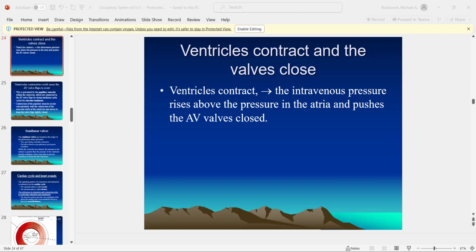The funny current, the spontaneous depolarization, gets the cells to threshold. At threshold, voltage-gated calcium channels open. Calcium comes into the cell with abandon. The cells depolarize very quickly. Calcium is responsible for contraction of these cells. The calcium channels will close. Voltage-gated potassium channels open.